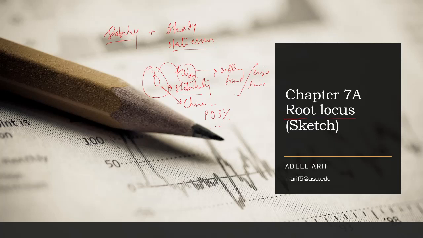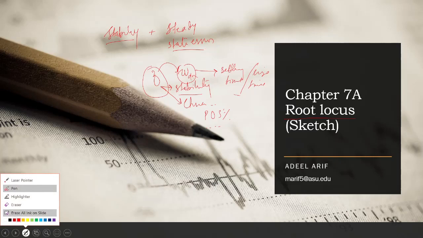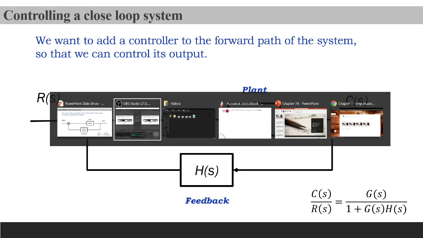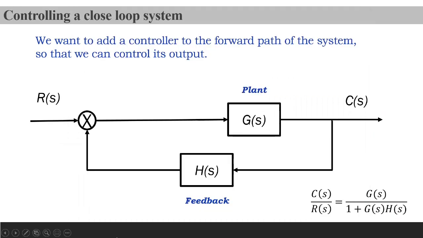What is a root locus? All right, so we want to add a controller to the forward path of the system so that we can control its output. You can see by this diagram there is a simple closed loop system which consists of a plant G(s) and a feedback H(s).